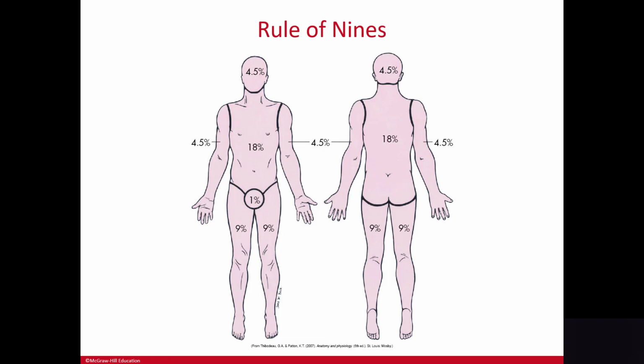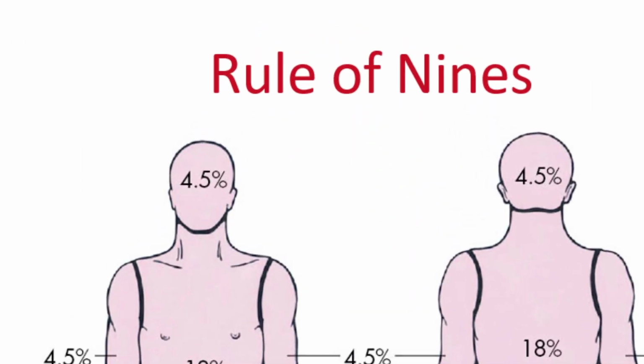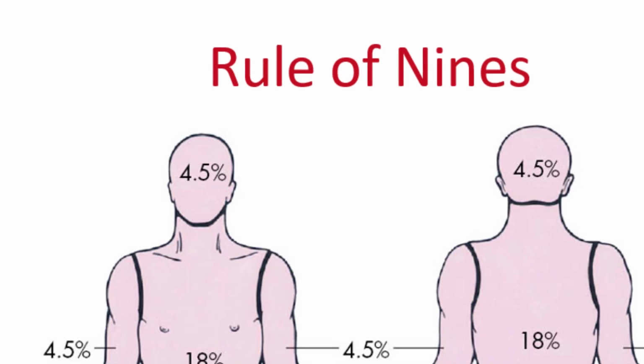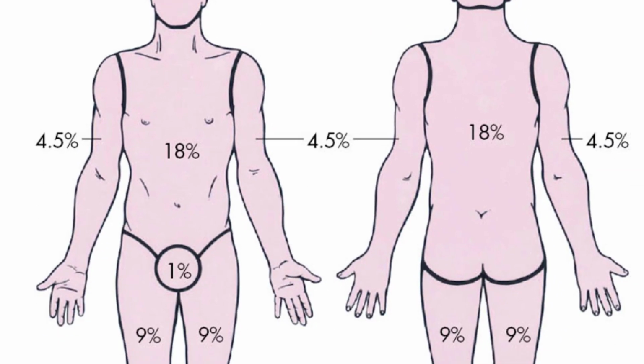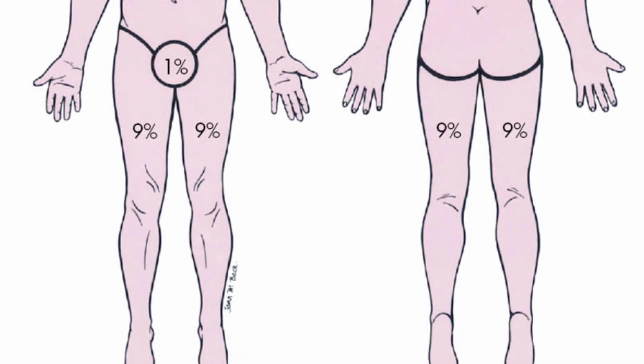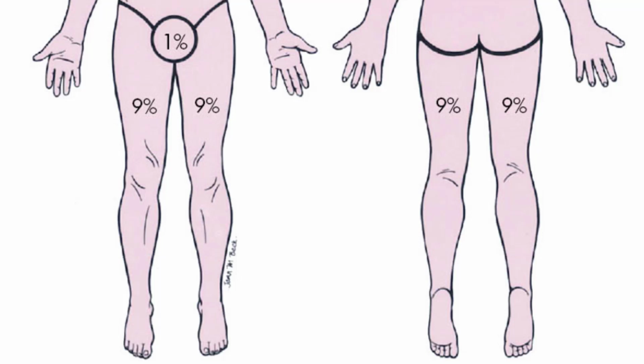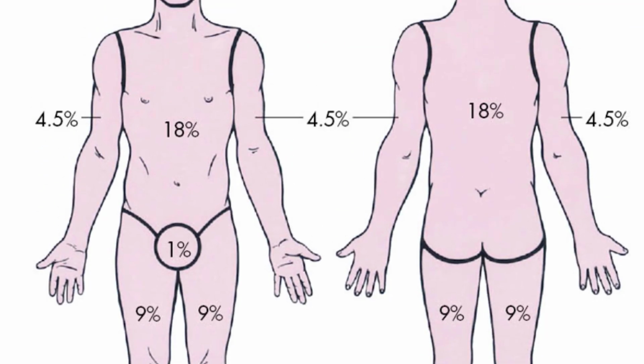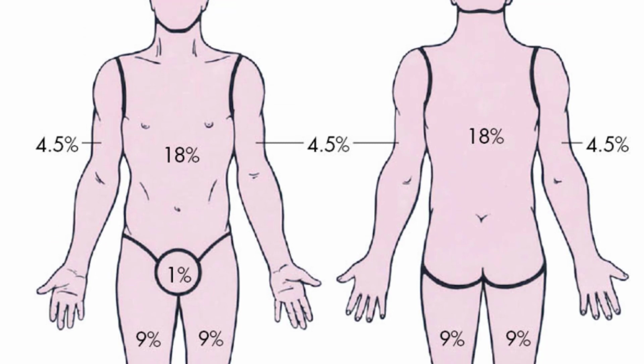So here, if you look at the picture, the head and the neck are 9%, 4.5 on the front and 4.5 on the back. Each arm is 9%, again, 4.5 anterior, 4.5 posterior. The legs are larger, so they're assigned 18%, 9 anterior, 9 posterior. The entire anterior trunk is 18, and the entire posterior trunk is 18.